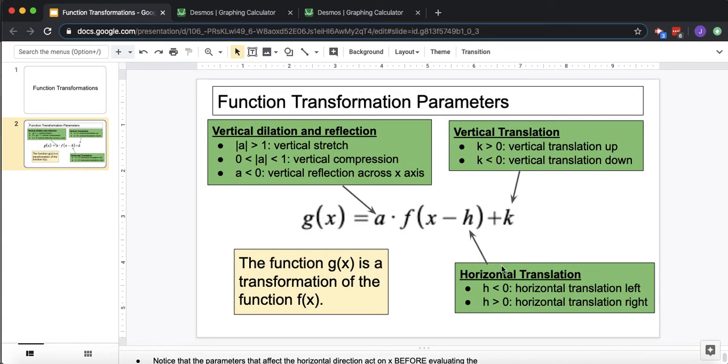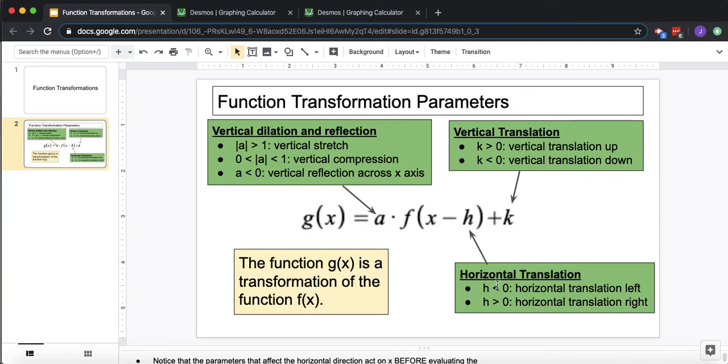Starting with h, it causes a horizontal translation, and if h is less than 0, the translation goes to the left. Notice that's because I put a minus sign in my function here.